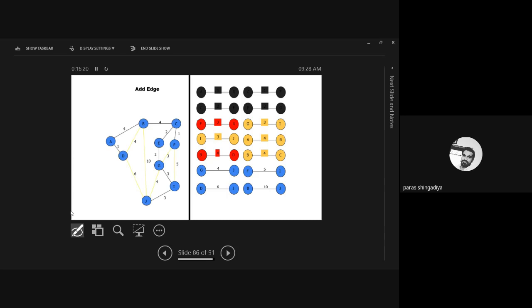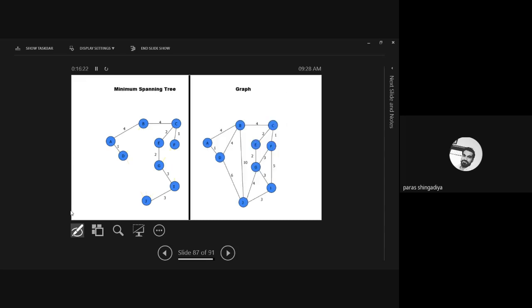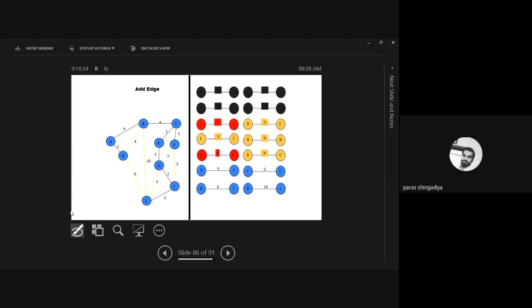And after that, G and J, F and I, and the remaining ones. Now check G and J, which is also weight 4, but we cannot include it here, because it creates a closed walk between these three vertices.